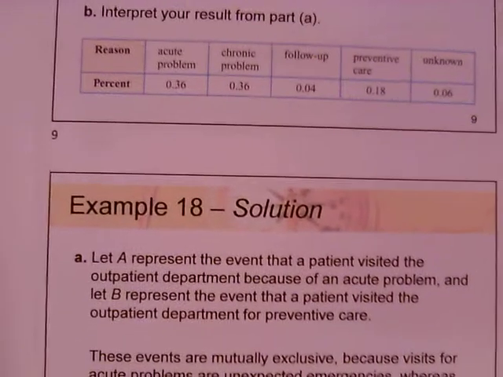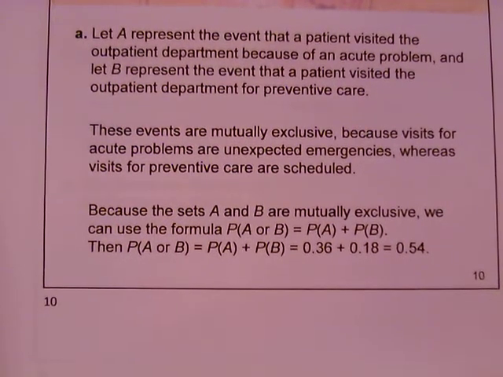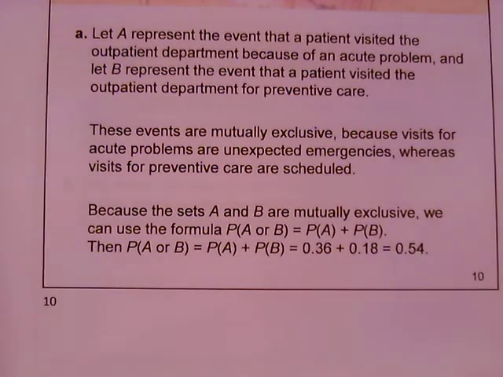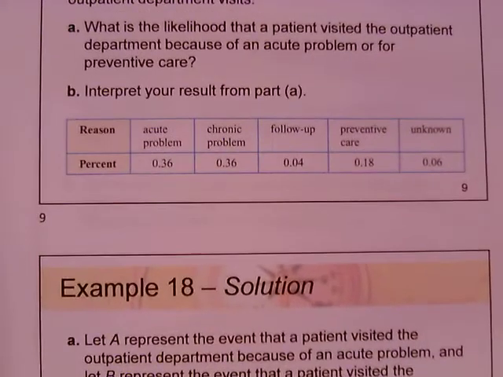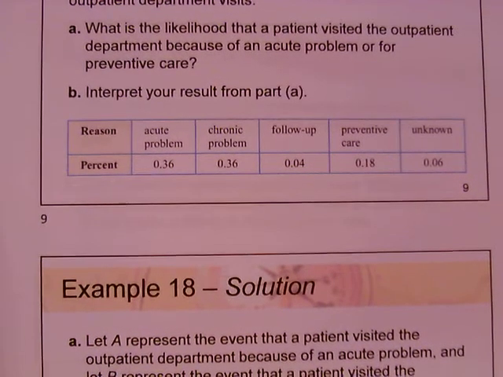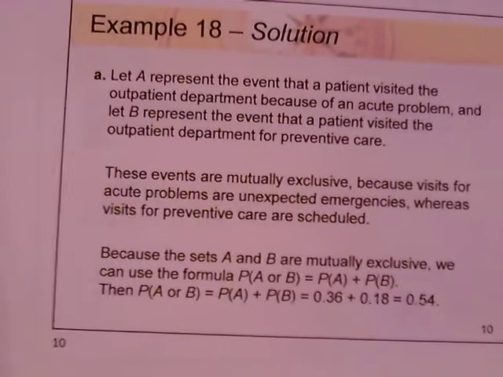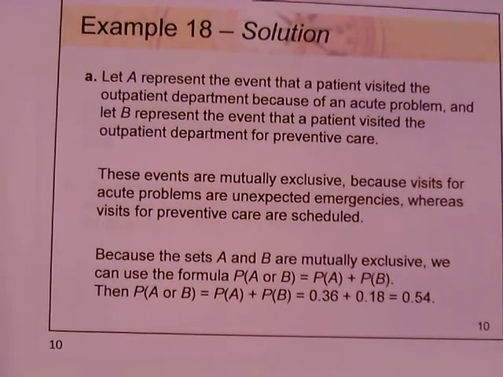So preventive care was 0.18. So add 0.36 to the 0.18, you'll get 0.54. So answering part A, the likelihood that a patient visited the outpatient department because of an acute problem or for preventive care was 0.54.